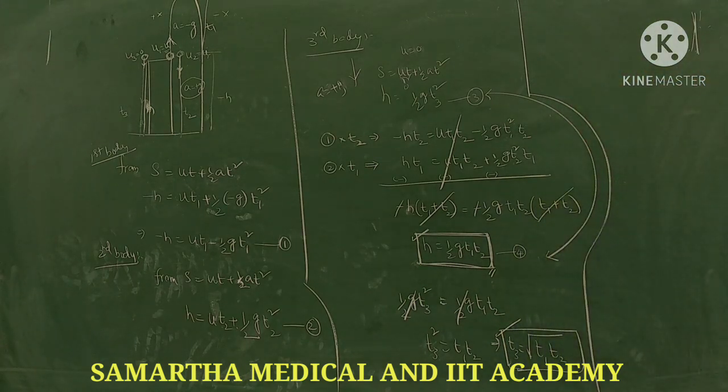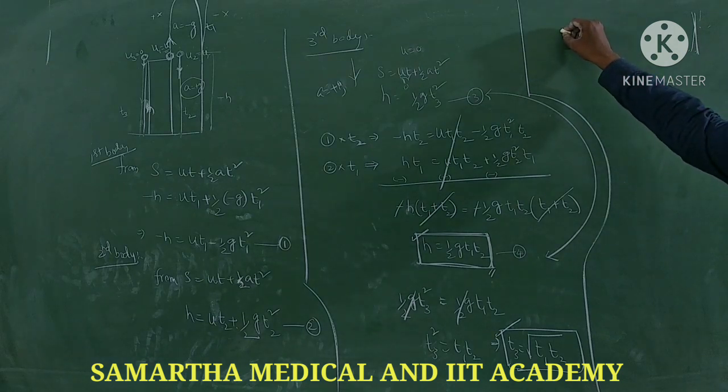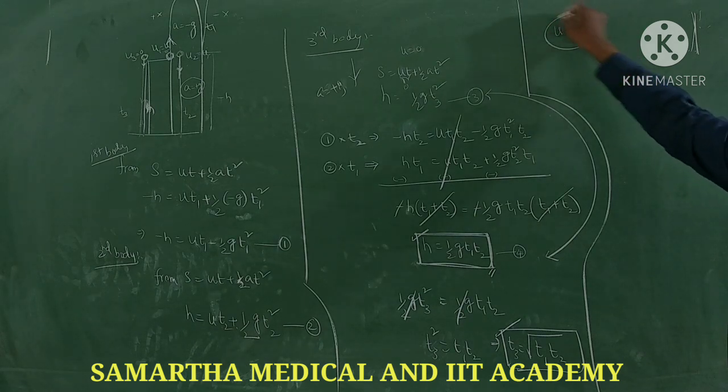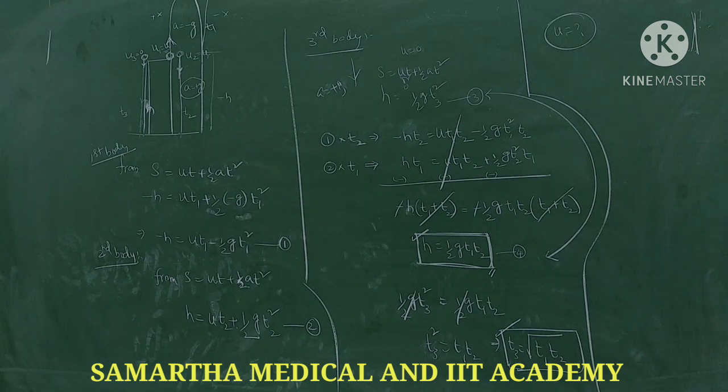Next. You need to calculate the initial speed, u. How to calculate it? You see here, h is equal to half g t1 t2, and u I need to calculate. To calculate u, you can use any one equation.